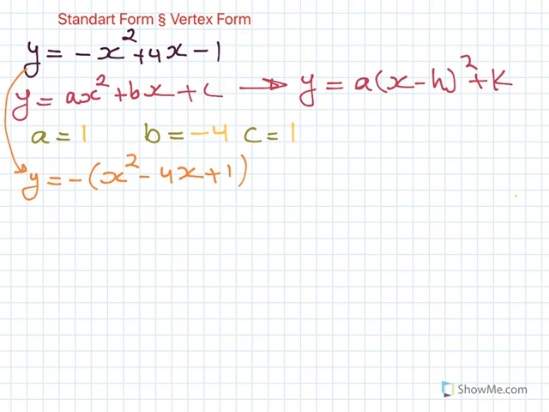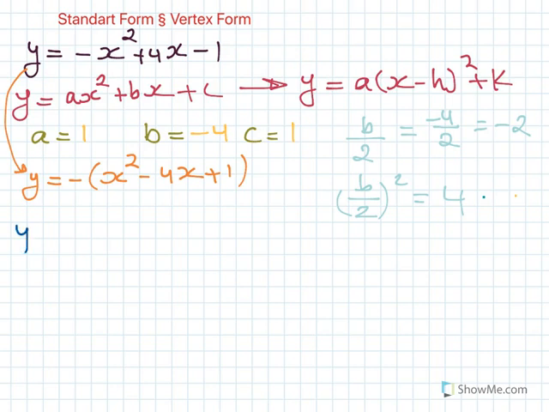So what we need to do next is go ahead and find the value of b over 2 and b over 2 squared. So b over 2 is -4 over 2, which is -2, and when you square it, you get 4, right? Then what you need to do is actually complete the square.